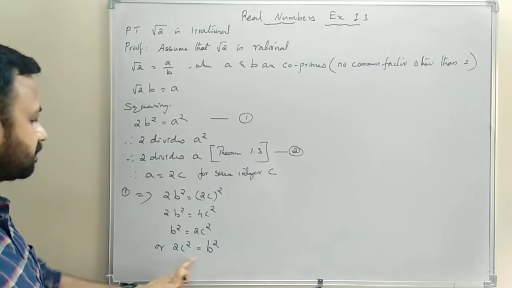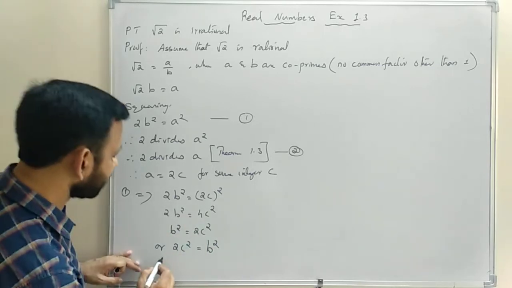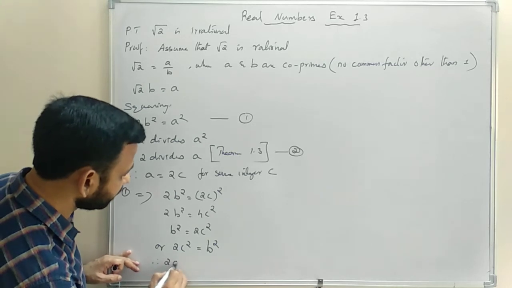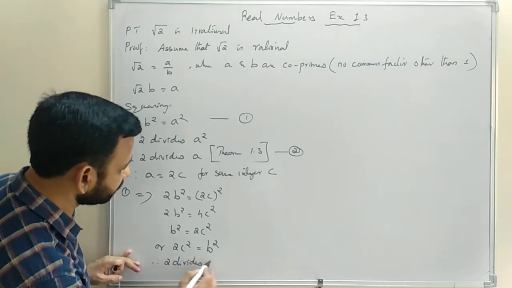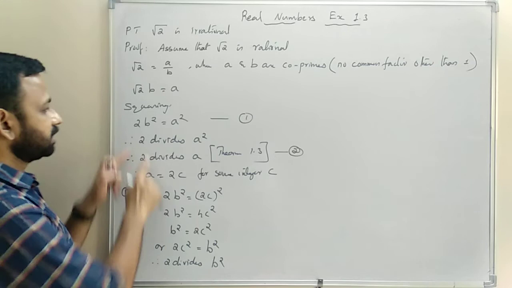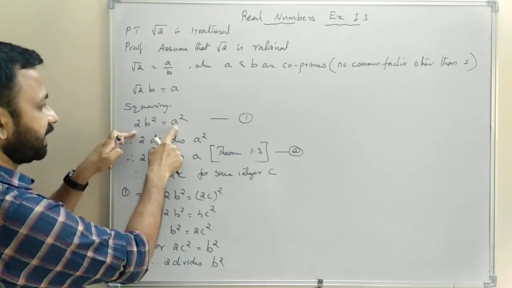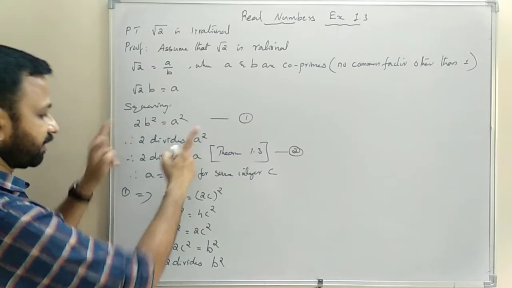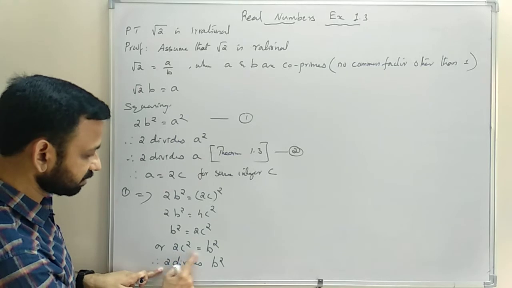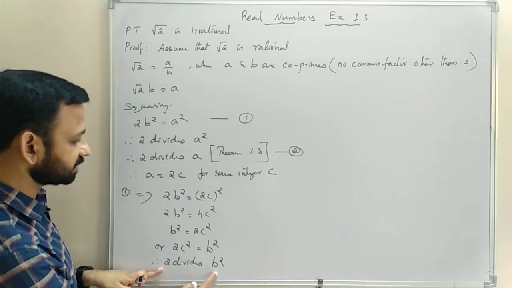So 2 into c square equals b square, therefore 2 divides b square. Same as before, where 2b square equals a square gave 2 divides a square.